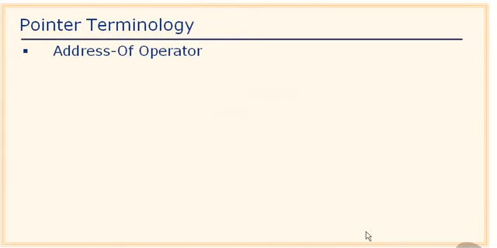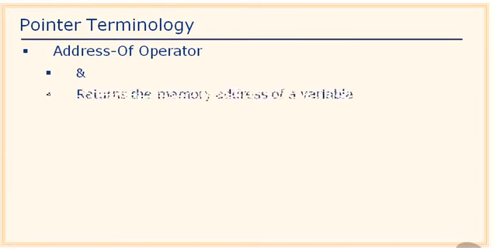Now, next term, address-of operator. Once we have created a pointer, we need to find some way to read the addresses. The ampersand, or the and sign, is our address-of operator. It returns the memory address of a variable. This will work with any variable.